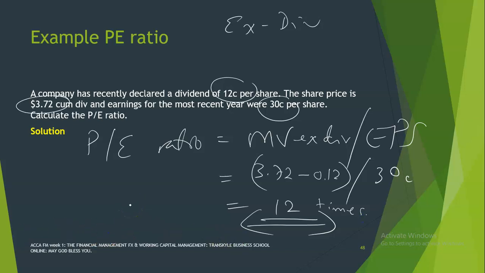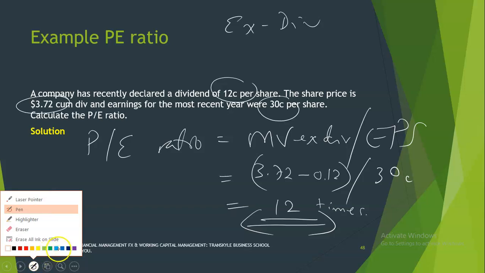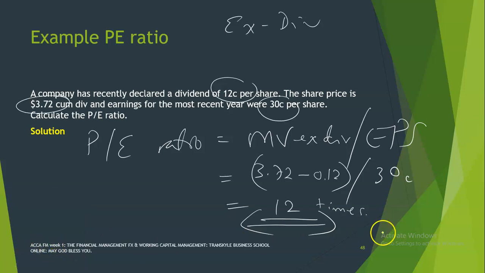So the examiner might go further and say, what does the PE ratio of 12 times, which you have calculated in part A, mean? What does that mean?